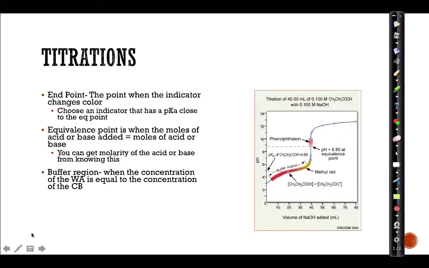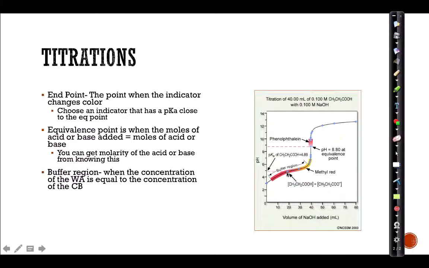All right, so the buffer region, that's another important region of the titration curve. If you remember, a buffer is a weak acid with its conjugate base, or a weak base with its conjugate acid. So as you're adding your acid or your base, you're making a conjugate of whatever that is.